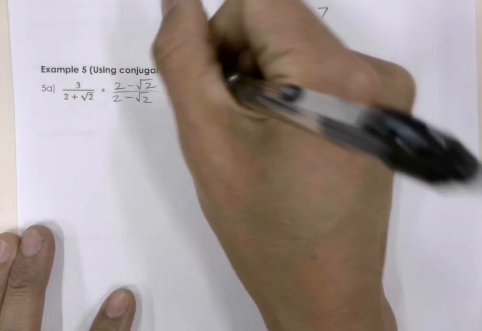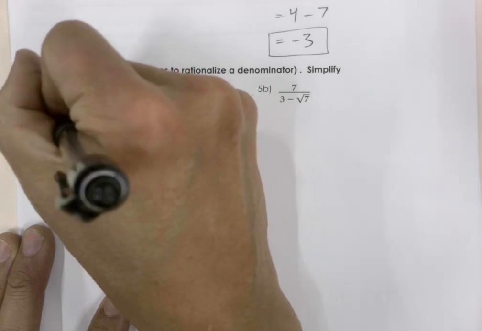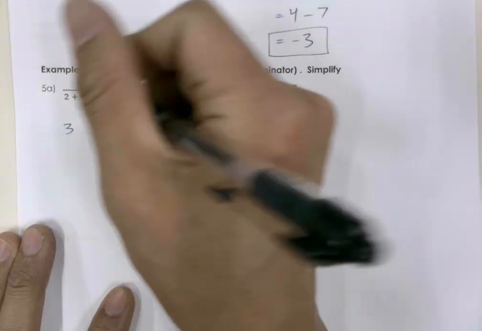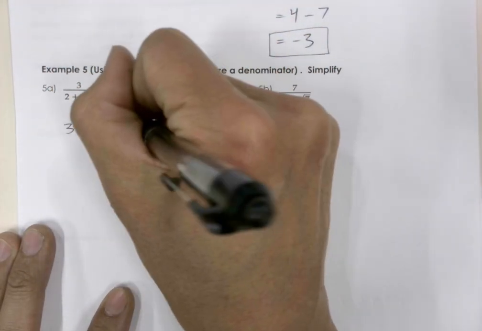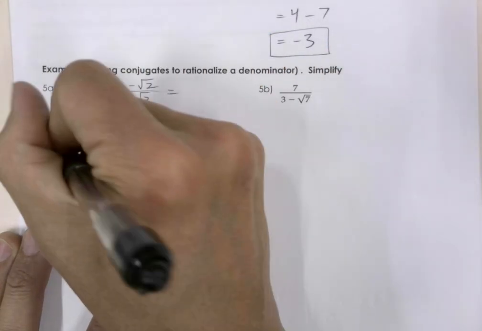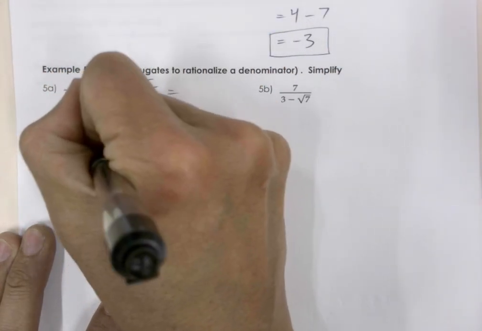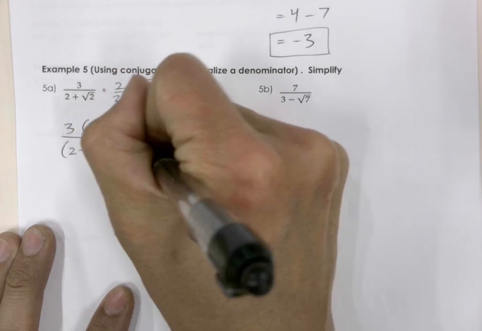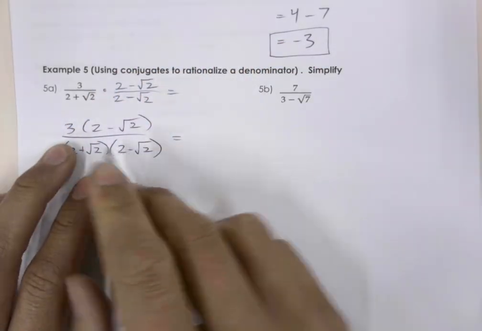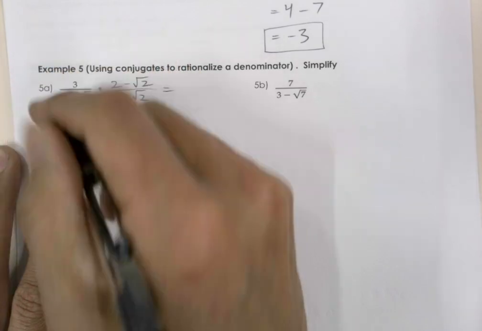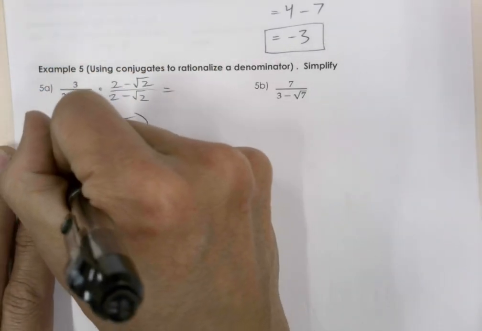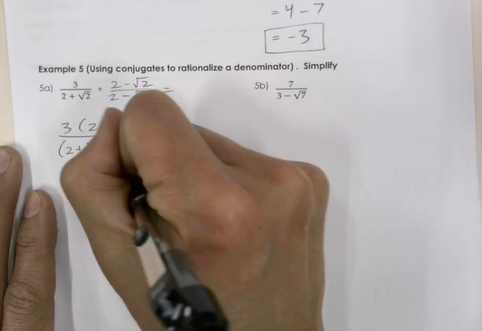All right. So let's go ahead and do that. Up in the numerator, we get 3 times 2 minus square root 2. And in the denominator, we get 2 plus square root 2 times 2 minus square root 2. All right. So let's go ahead and deal with the numerator first. We distribute out the 3, so we get 6 minus 3 square root 2.